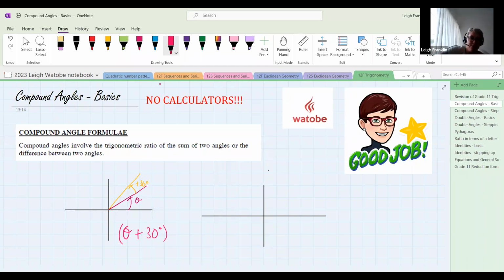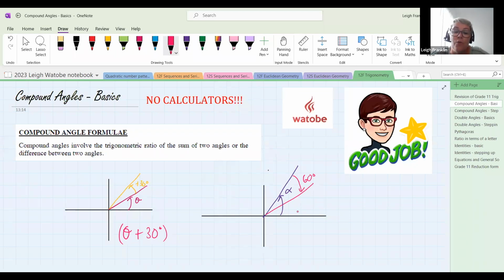All right. When we talk about the difference between two angles, again, our terminal arm is anchored at the origin. It's lying on top of the x-axis. Let's pretend I now go up here, and I have gone alpha degrees in an anti-clockwise direction. Now, if I change direction and come closer back down to 0, so I reduce the size of this angle, and let's say I decide to reduce it by 60 degrees, then I could describe the angle that is now left over.